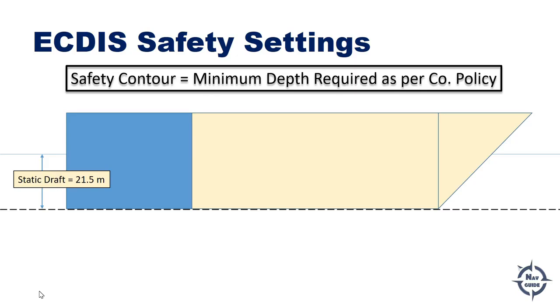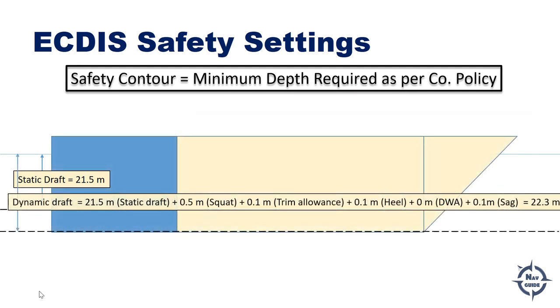Let's take the example of a fairly big ship with a static draft of 21.5 meters. To get the dynamic draft, we have allowed for 0.5 meter squat, 0.1 meter trim allowance, 0.1 meter of heel. We have not allowed for dock water allowance, and we have allowed for 0.1 meter of sag. So the dynamic draft here has become 22.3 meters. This is the actual draft of the ship when the ship is moving.